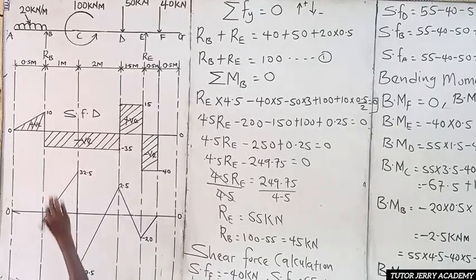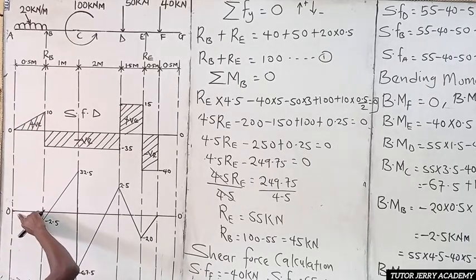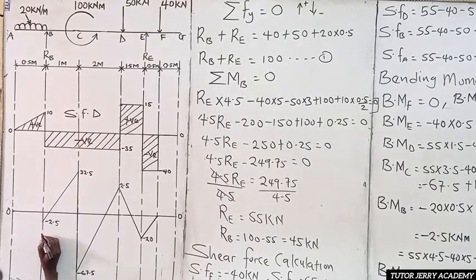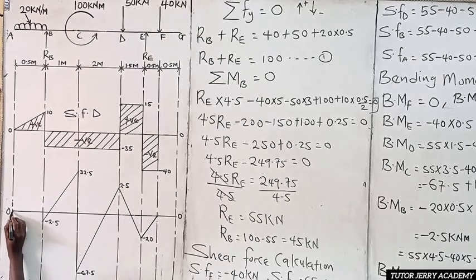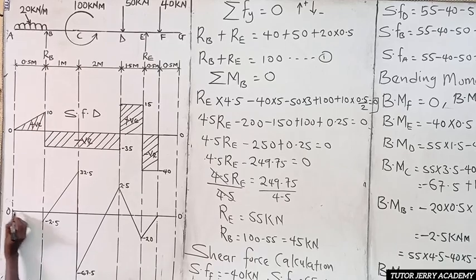Because we have a uniformly distributed load here, we are going to have a parabolic curve. Thanks to Tutor Japheth. So now we are going to have a parabolic curve here. I don't know how I'm going to draw this because I'm not good with my left hand, but let me just try.